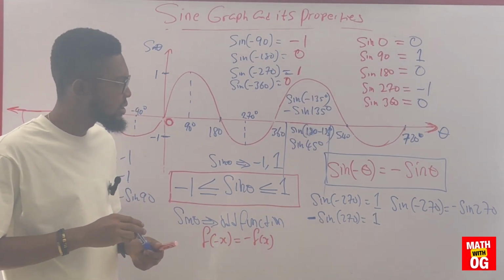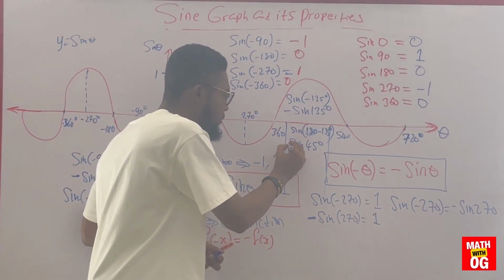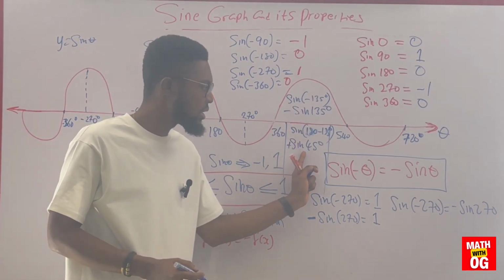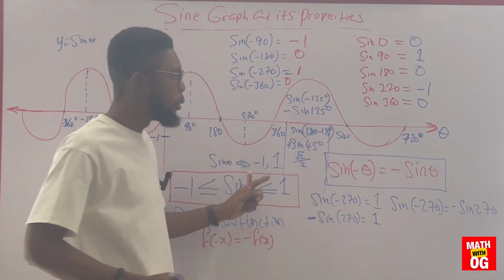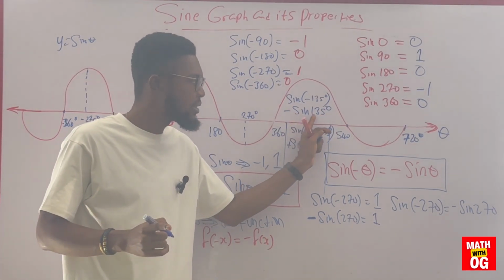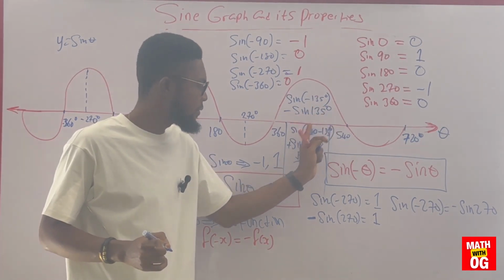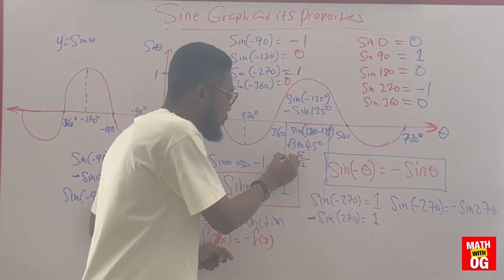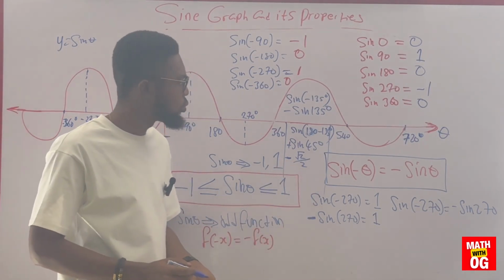So sine 135 degrees is equal to positive sine 45 degrees, and that is simply root 2 over 2. But we are not looking for sine 135 degrees. We are looking for negative sine 135 degrees, because this is sine minus 135 degrees. Sine 135 is root 2 over 2, but negative sine 135 degrees is minus root 2 over 2. So therefore, sine negative 135 degrees is minus root 2 over 2.